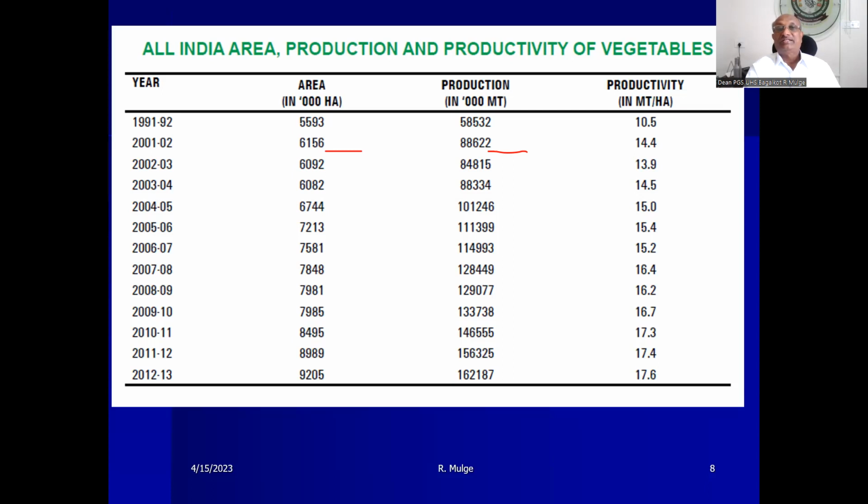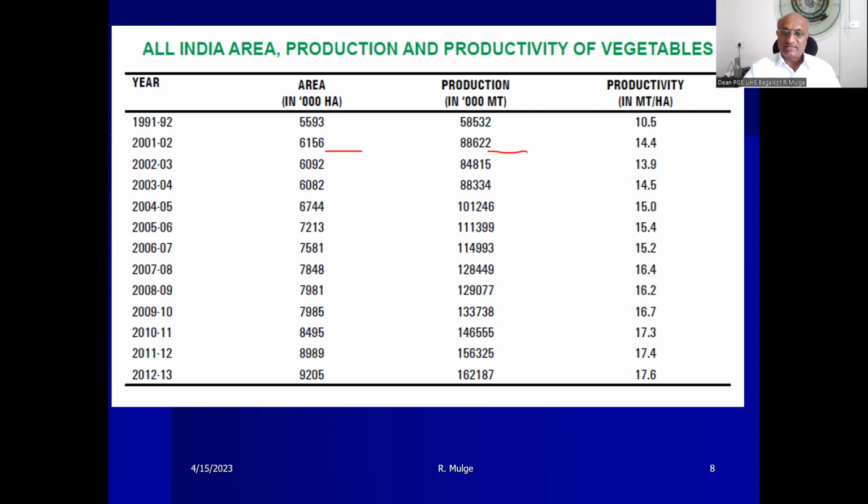Production went from 58 million tons to 162 million tons in 2012-13, and productivity from 10 tons per hectare to 17 tons, so it has increased.